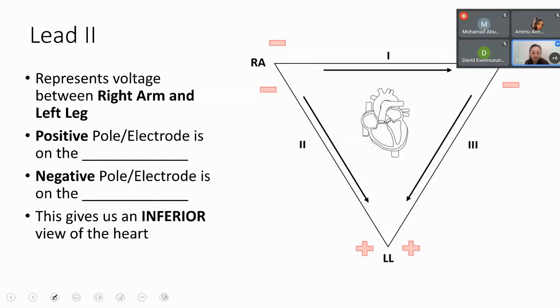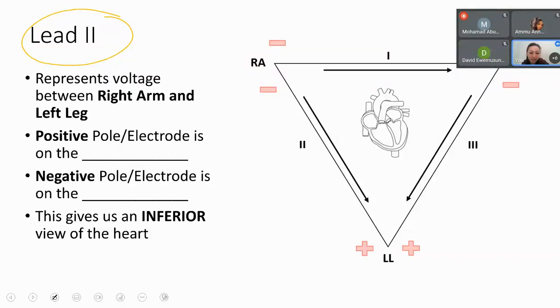For this video, because vector analysis has to be done for literally all the leads, we're just going to focus on lead two. Otherwise, we'll be here till next Tuesday. Lead two represents the voltage between the right arm and the left leg.